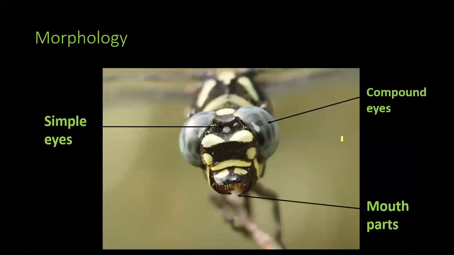Right. Moving on to more detailed views, when you look at the head, this is the front view of a clubtail dragonfly. You can see the two large compound eyes, which consist of many thousands of smaller structures, which we call ommatidia. And apart from these two large compound eyes, on the frontal area you can see three simple eyes as well.